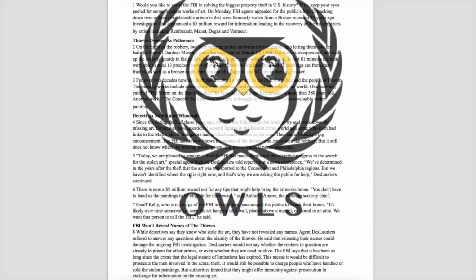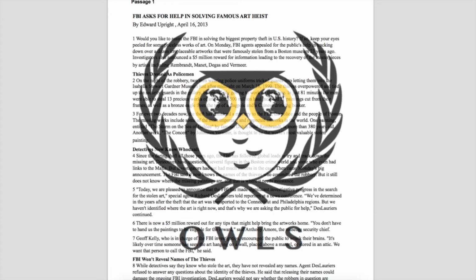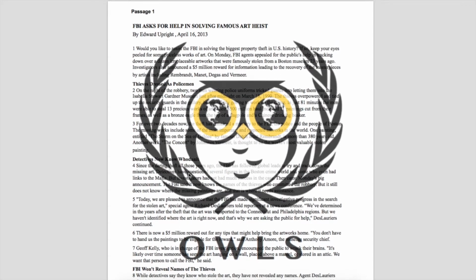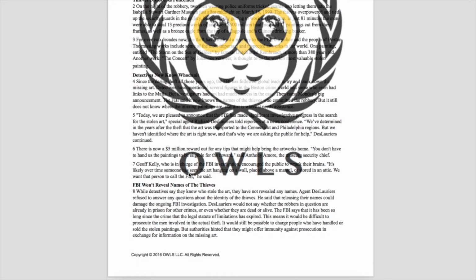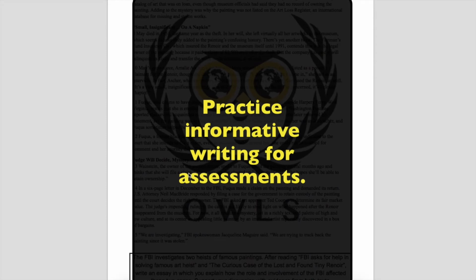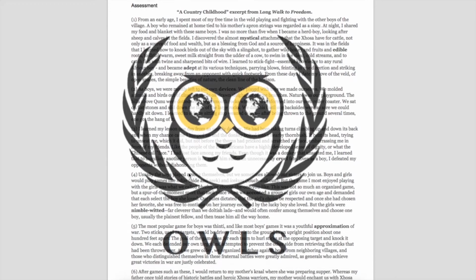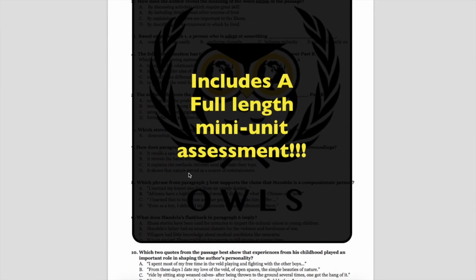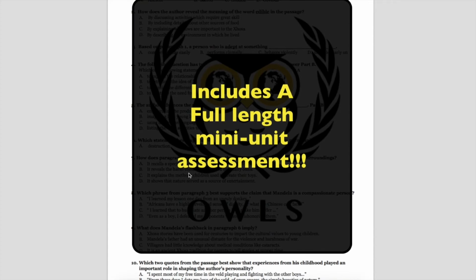After that, there are some opportunities for students to practice integrating and synthesizing different informational texts in order to approximate and practice informational writing, like they will on different assessments. There is finally a full-length unit assessment that includes different reading activities and tasks.